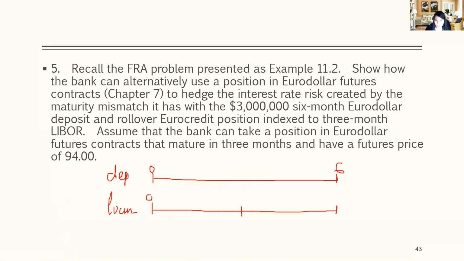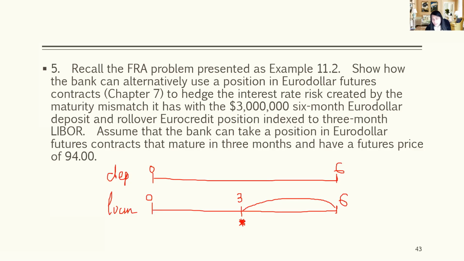we know that we are going to lend for 3 months. And then after that, we are going to roll over our investment for another 3 months. So our interest rate exposure is going to be here. We don't know what rate we are going to roll over our loan at.